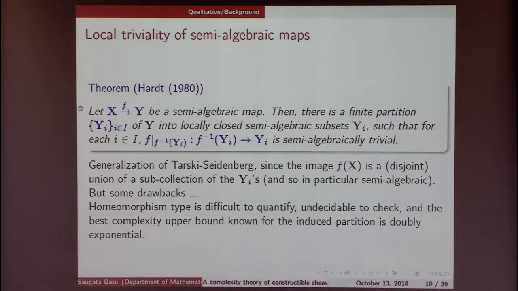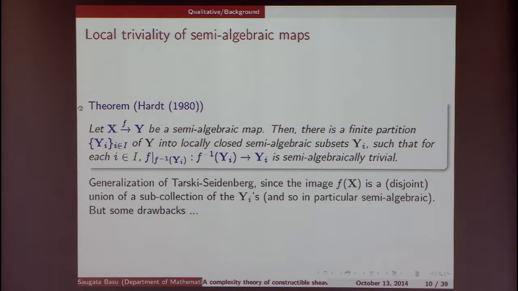But in fact, from the complexity point of view, very soon we are going to be interested in not just the theorem, but how hard it is to compute and how many pieces you need. And in this case, this stratification is simpler than the Whitney stratification, because the complexity of Whitney stratification is much worse, since we have more conditions.